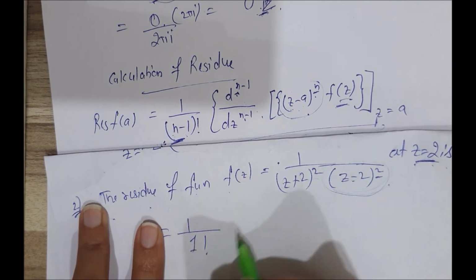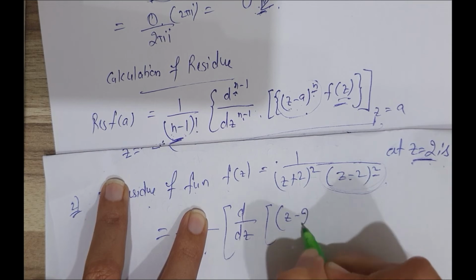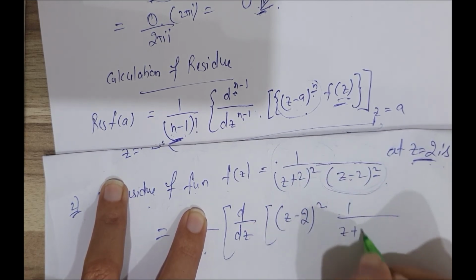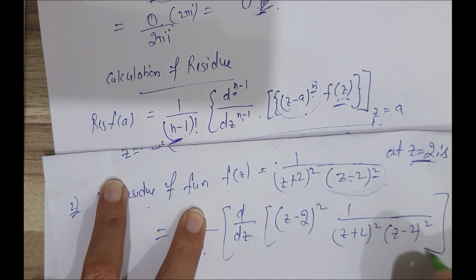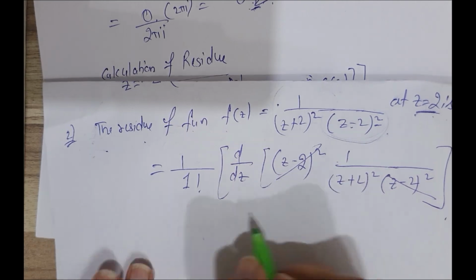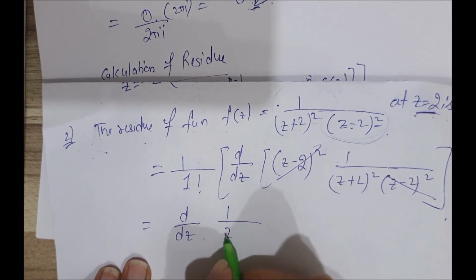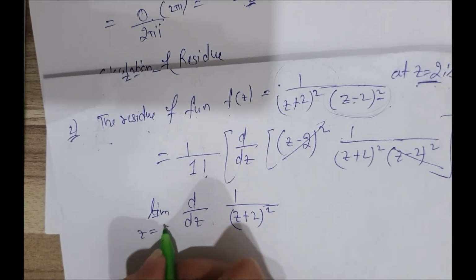So it means 1 factorial d by dz of (z minus 2) square. This is f(z). Write it. Now the limit is z equal to 2.